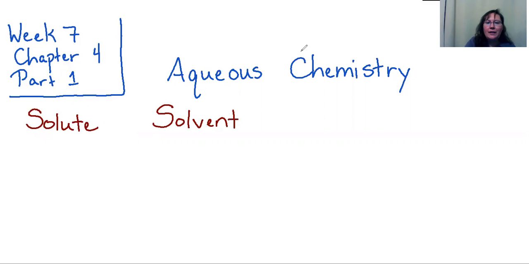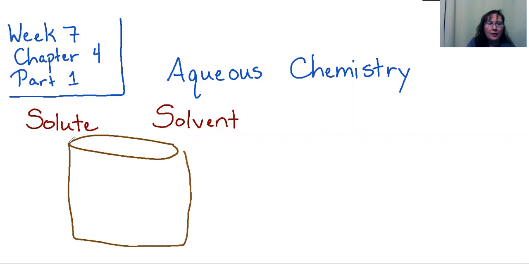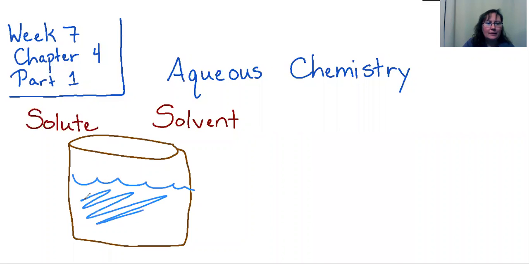So let's imagine that we have a beaker, and in our beaker we have some water. Okay, and there's our water. And then we put some salt into it, and our salt we'll just call normal sodium chloride table salt, NaCl.